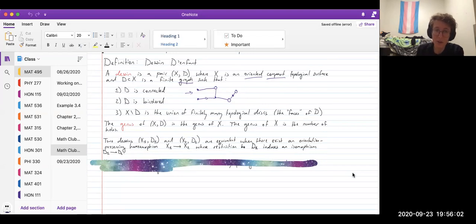Don't worry too much about the exact words or definitions, but the intuitive idea is that if we have two dessins, X1, D1 and X2, D2, we can take a nice map from X1 to X2 that makes D1 look very similar to D2. So it takes D1 to D2 in a very nice way. It's a nice map that maps nicely between the graphs.